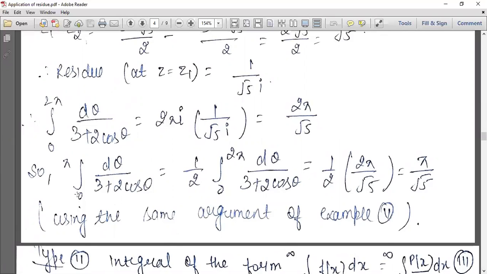So 0 to pi will be half of the limit 0 to 2 pi, and this will be 1 by 2 into 2 pi upon root 5. So 2 will get cancelled, and I will be left with pi divided by root 5. Here I have used the same argument as in the second example, that cos theta is an even function. So we can use this.